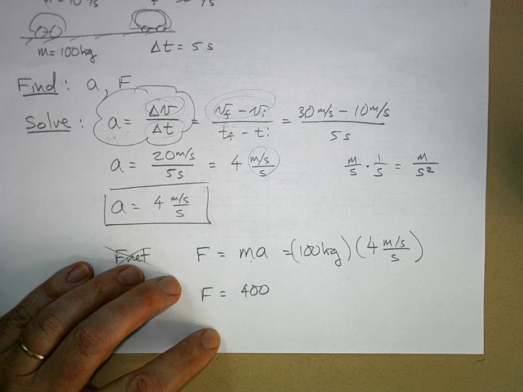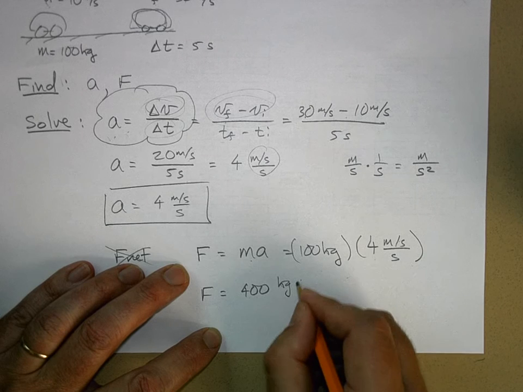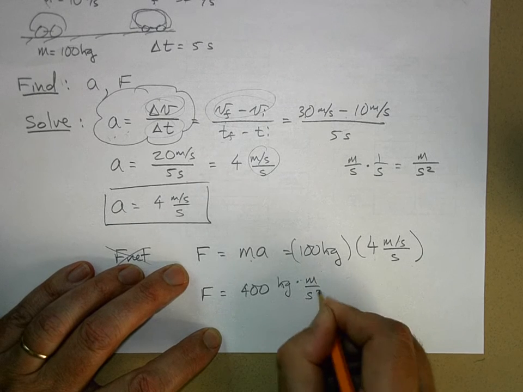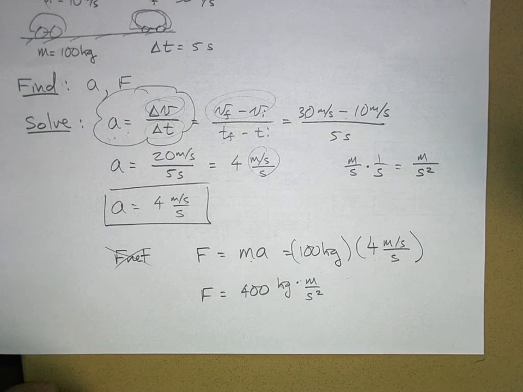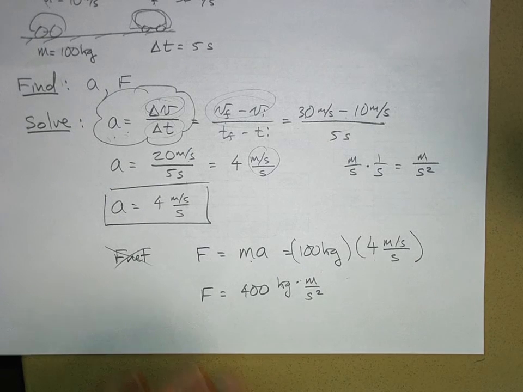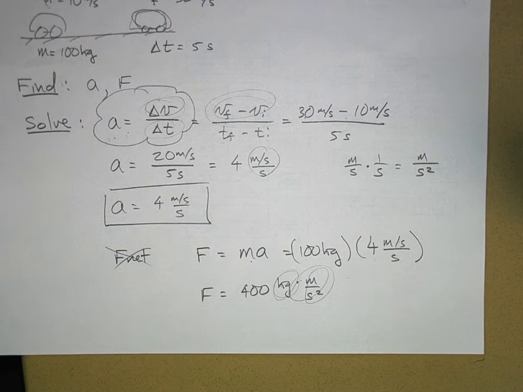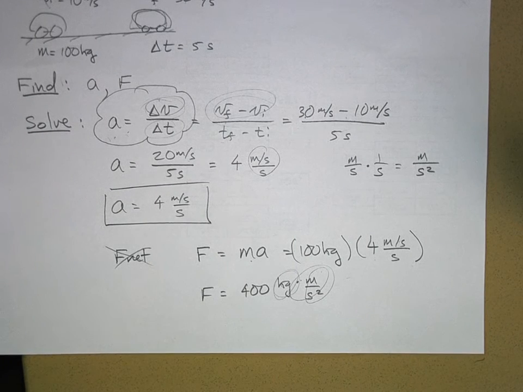Now, what's a kilogram meter per second per second? Well, we could write that as kilogram meter per second squared. I'll go ahead and do that. I could write that and that'd be fine, because the force is defined to be how much acceleration you get when you apply it to a certain mass. But this has a name.